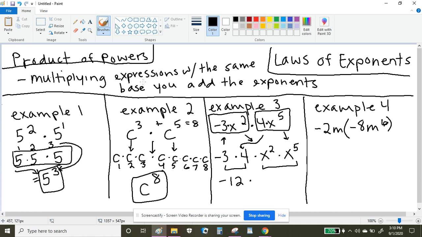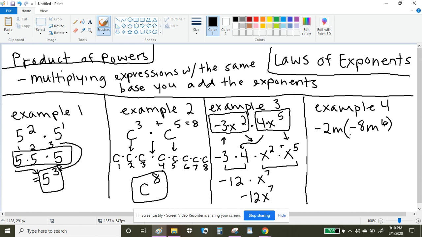With our law, it says if they have the same base, then we can add the exponents. So we would take 2 plus 5, and we'd have 7. So we'd have x to the 7th. And if you have it written like this, I would accept this because it is being multiplied together. But if we simplified it, we could really actually just write it like this because it's understood that there's multiplication there.